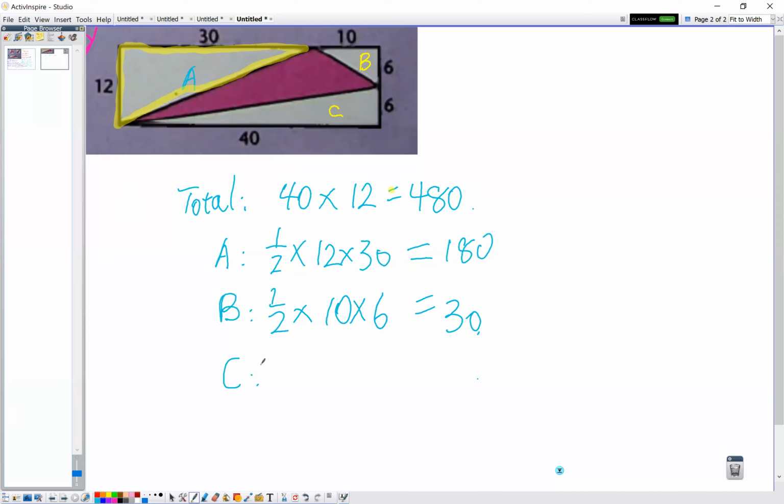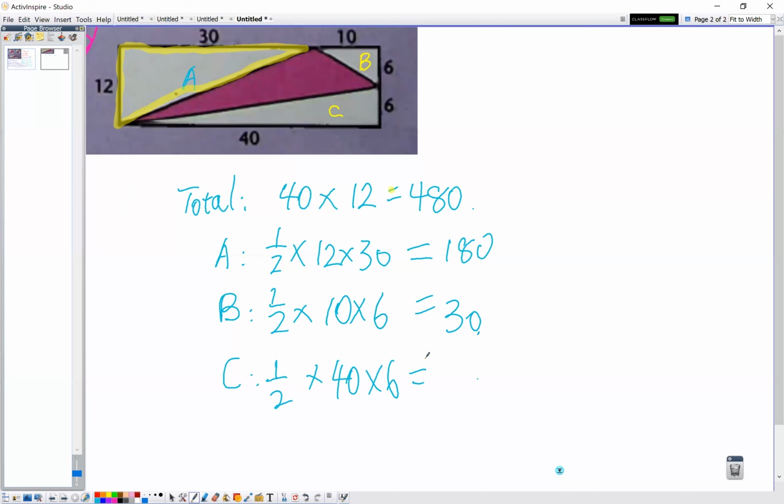Then look at C. We just repeated what we did just now. For C, we can say it's half times by 40 times by 6. So you need to work it out.